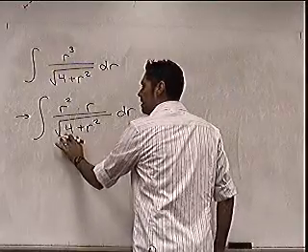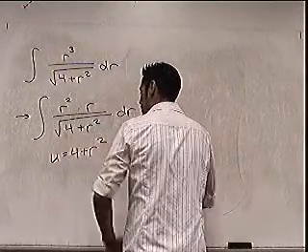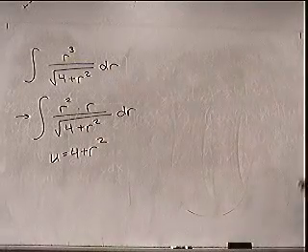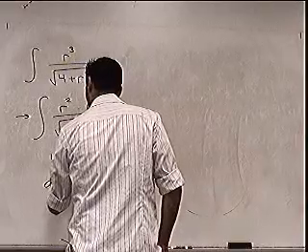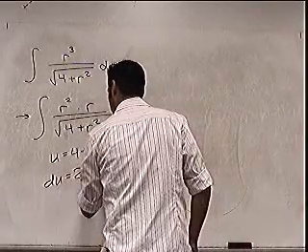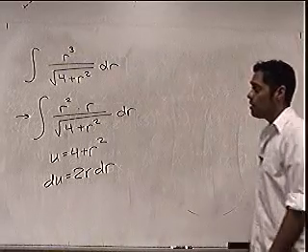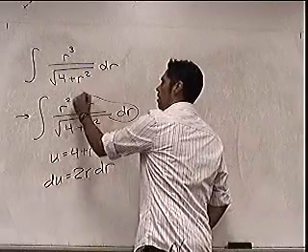Now if I make a basic substitution, u is equal to 4 plus r squared, then what's du? 2r dr? Do I have a 2r dr? I have r dr, don't I?